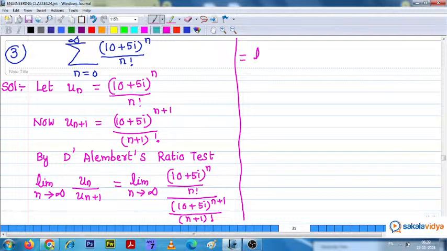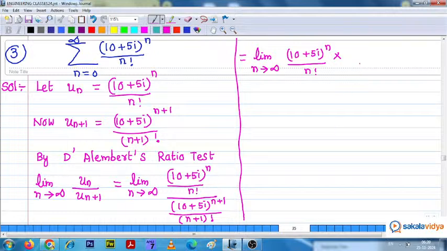See, the limit n tends to infinity. We can write 10 plus 5i whole to the power of n by n factorial, multiplied with the reciprocal of the denominator.